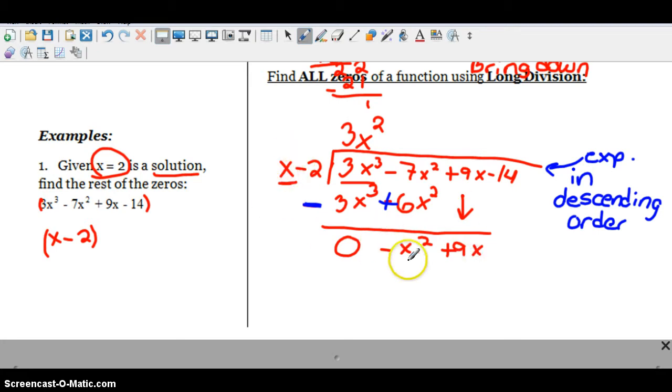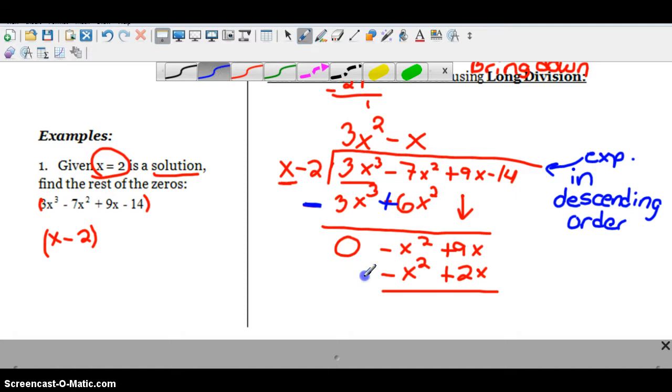X divides into negative x squared. I can multiply negative x times x gives me negative x squared. I need to distribute so that I can have another term as well. Negative x needs to also multiply by negative 2, which is going to make positive 2x. Again, I'm going to grab my blue because I need to subtract.